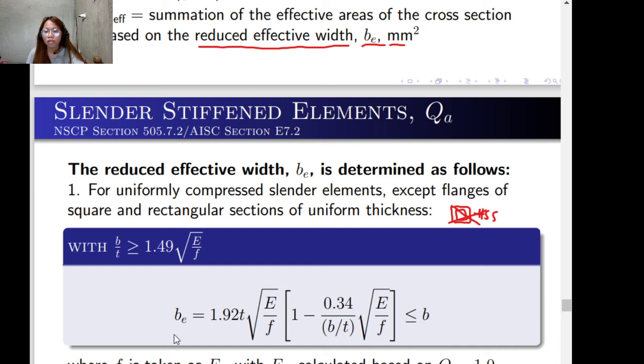Of course, because this is a reduced effective width, where f is taken as Fcr, with Fcr calculated based on Q equal to 1.0.